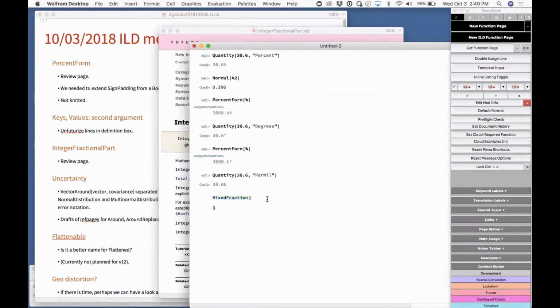So, I mean, to me, calling it mixed fraction parts, or pair. Could do that. Mixed fraction pair, mixed fraction parts.